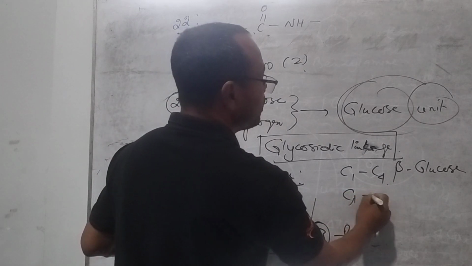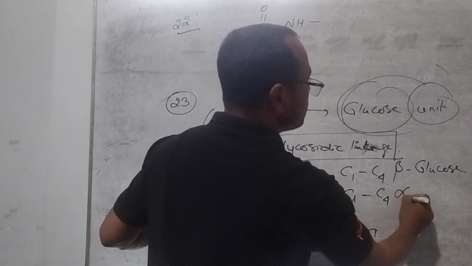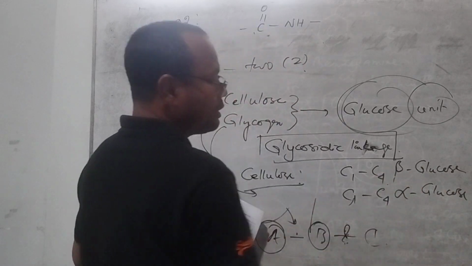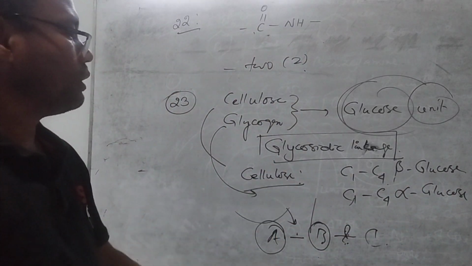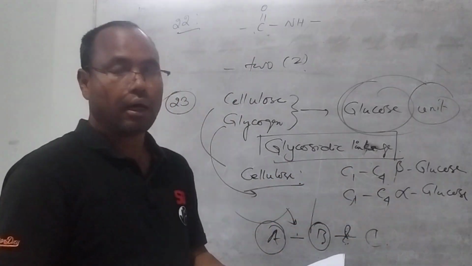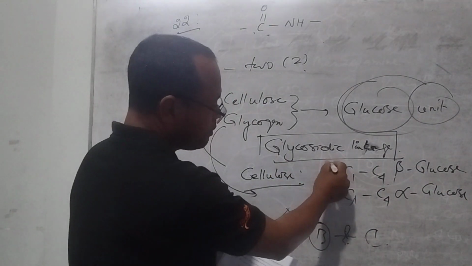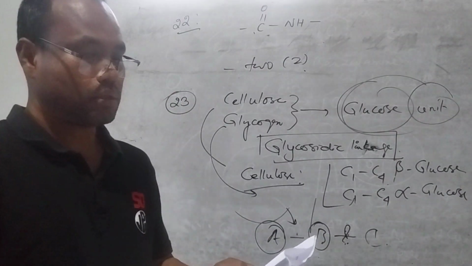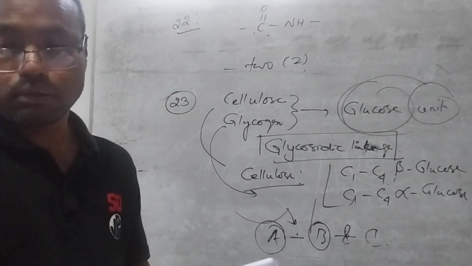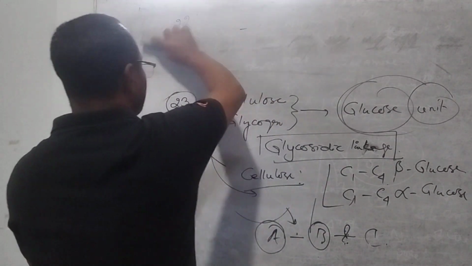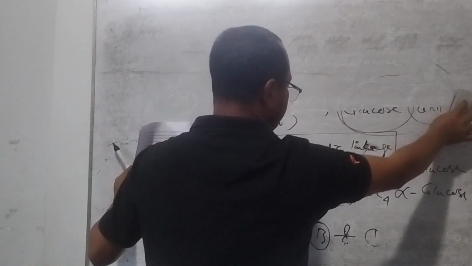That is also C1 and C4, but the difference is, the above one is beta glucose and the below one is alpha glucose. That's the difference between cellulose and glycogen. That's the only knowledge we need. So this is the answer of question number 23.